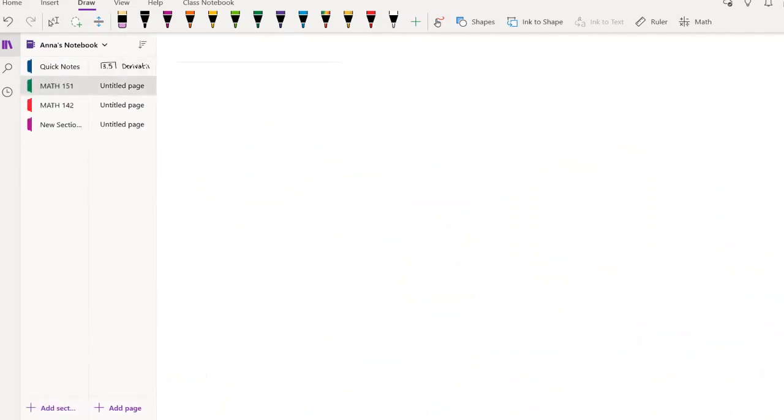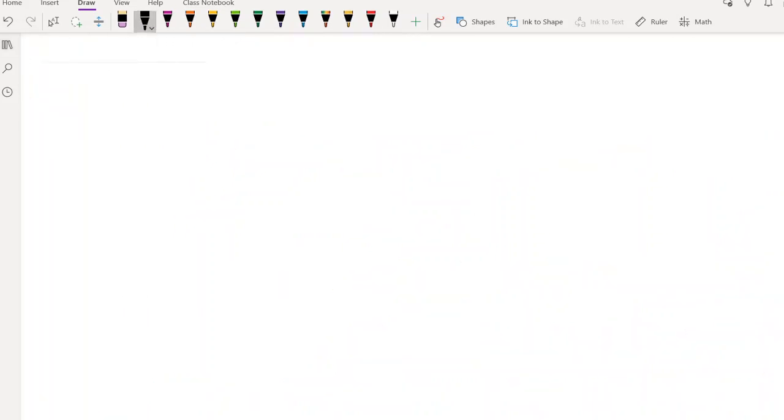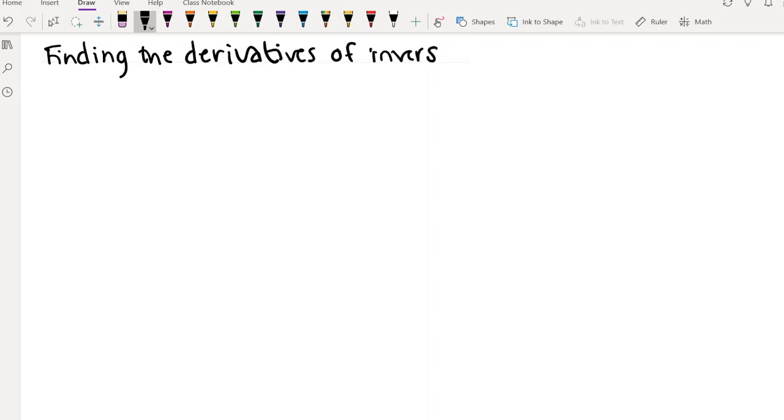Okay, so we're going to be finding the derivatives of inverse trig functions. So again, this is going to be pretty much a proof. I always like to say up front, you don't need to completely follow every step of the proof in order to use these rules, right?